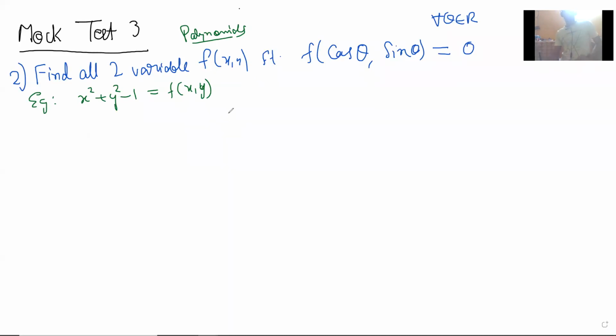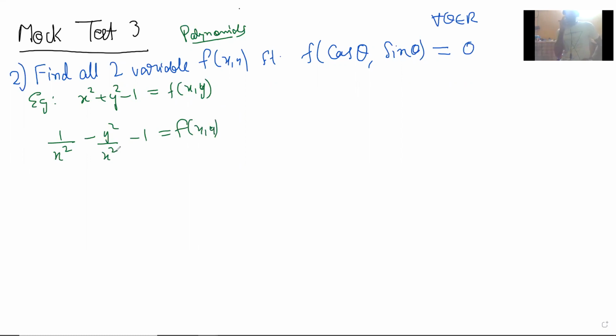Okay, so you're stealing some polynomial. Okay, so say 1 by x square. Oh, so this is, but this is not a polynomial, right?